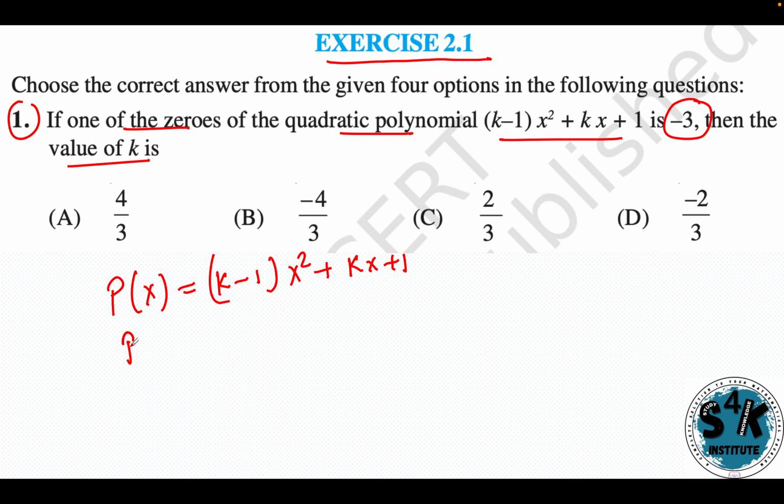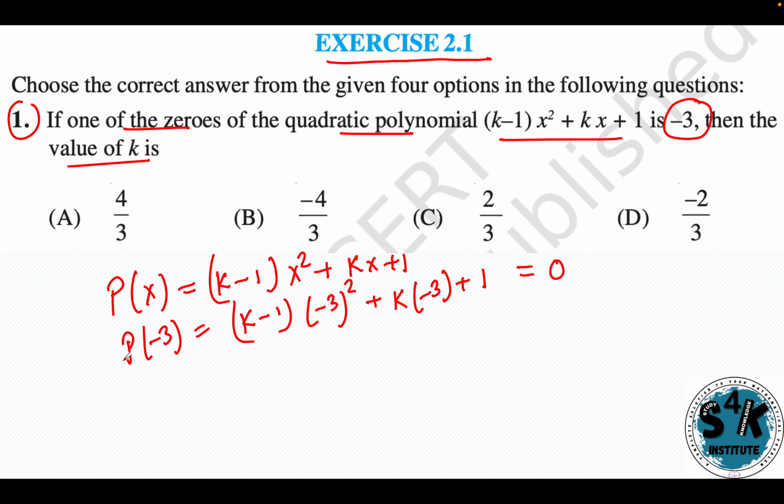The zero is minus 3, so k minus 1 into minus 3 square plus k into minus 3 plus 1. And this value will be equal to 0 because minus 3 is the zero of the quadratic polynomial.